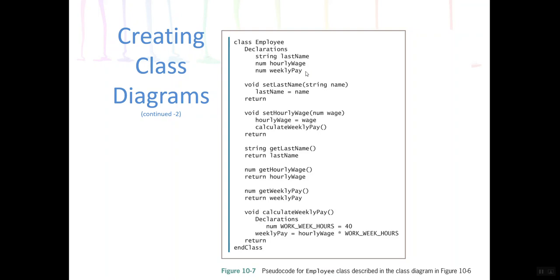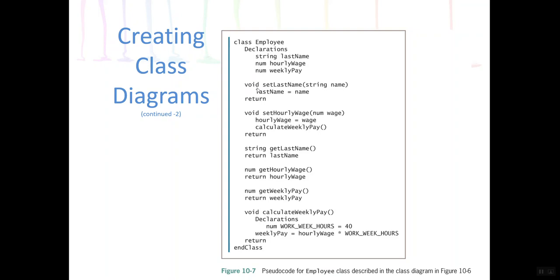Not all the time, but frequently, we're going to have, for example, a method called setLastName that allows other blocks of code outside of this class, such as my console application, to set the last name of this employee object.